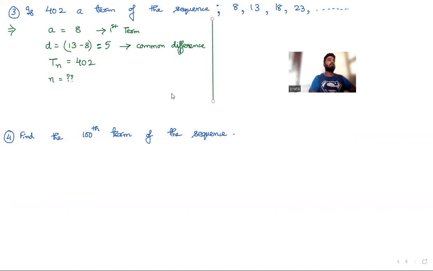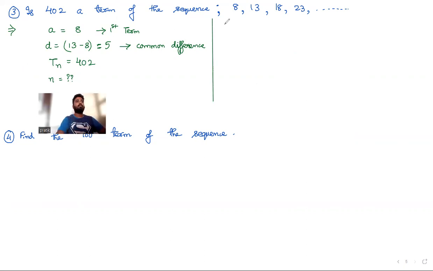Now to figure that out, we have the Tn formula, which is a plus n minus 1 into d. So substitute the values: 402 equals a, which is 8, plus n minus 1, where n is what we need to calculate, and d is 5. So let's calculate 402 minus 8 is equal to 5 into n minus 1.